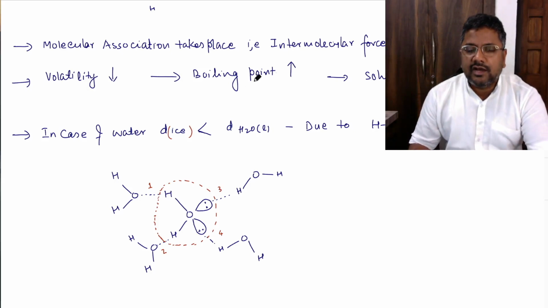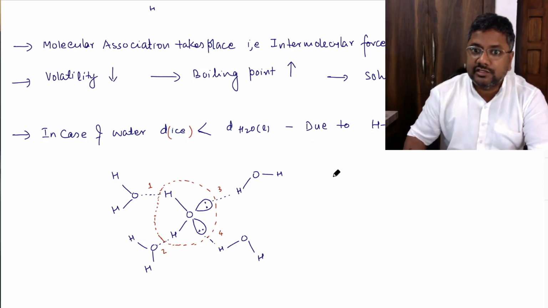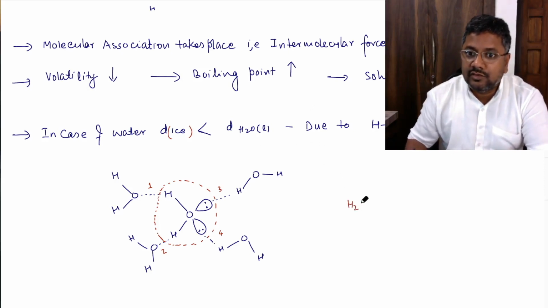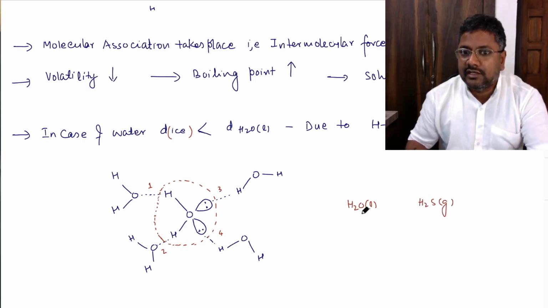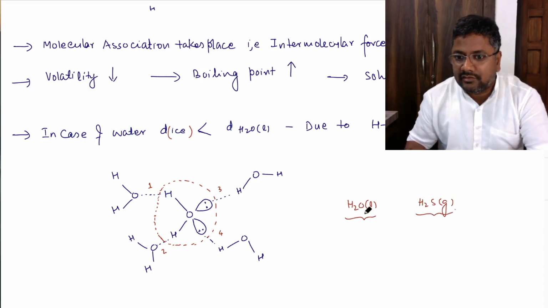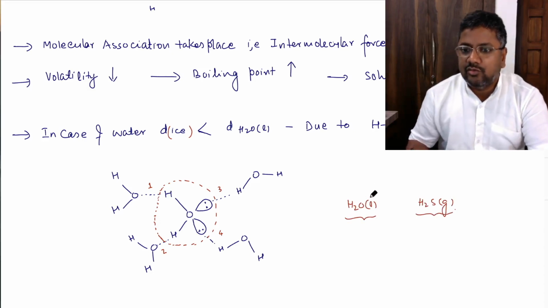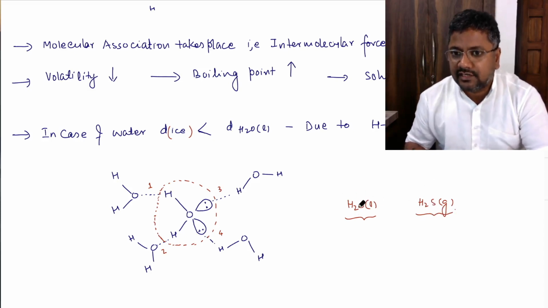This is the reason why water is liquid at room temperature and H2S is a gas. See, H2O is liquid at room temperature, but H2S is gas at room temperature. This is also due to hydrogen bonding, more strong hydrogen bonding in water compared to H2S.